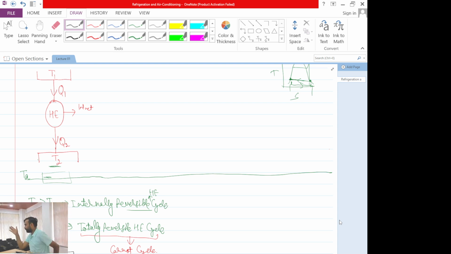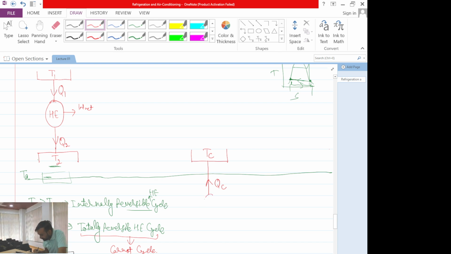One more experience you can see from the practical cycle. If you see the surrounding air, you do not feel that much hot. Of course, you are feeling hot, but if you come towards the condenser coil, you will feel even more warm. So how a refrigerator can operate: you can have the condenser of the refrigerator at some temperature TC, and to this QC amount of heat will be rejected.